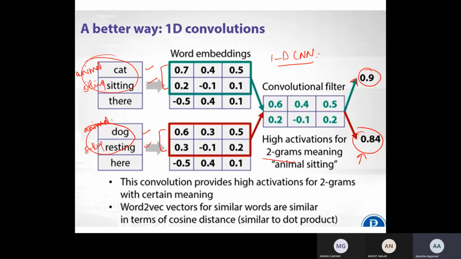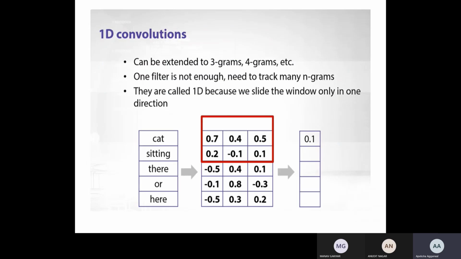So this thing is retained by 1D convolution neural network. If you talk about 2 grams, 3 grams, 4 grams, if you are considering multiple words at a time, it will definitely give representations which are similar after training. So this is the advantage of 1D convolution neural networks.